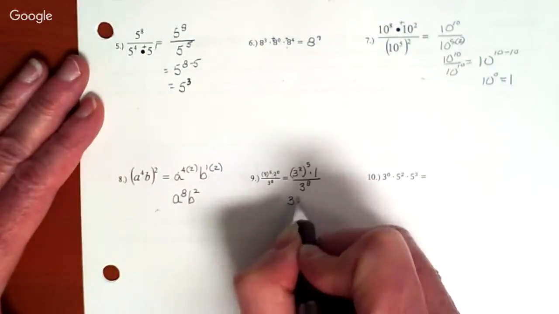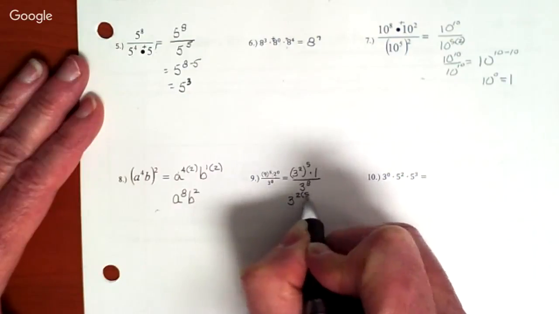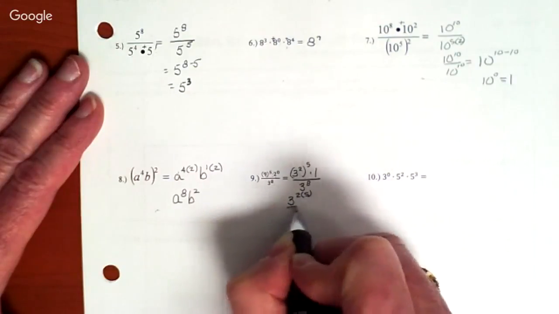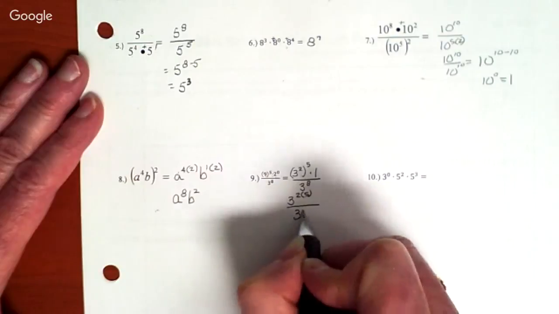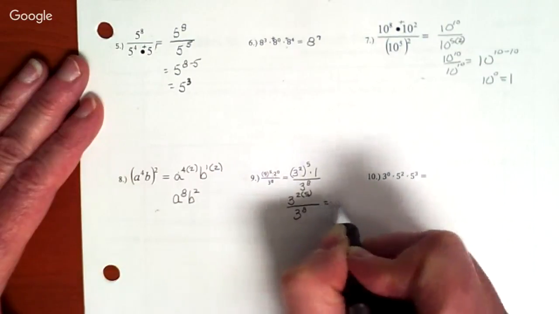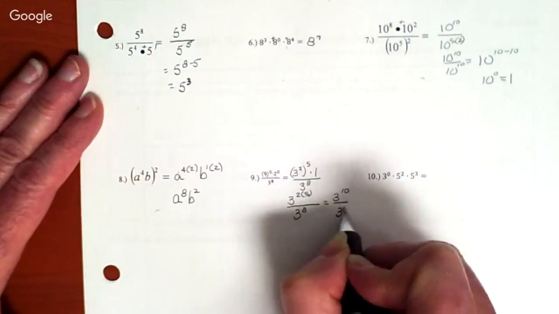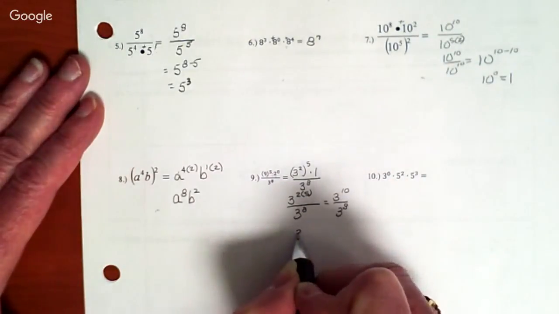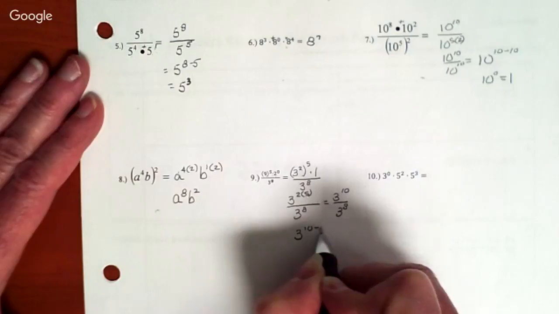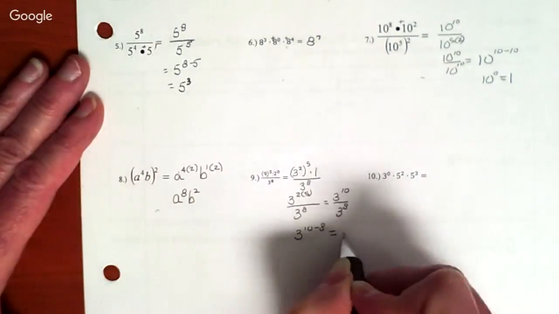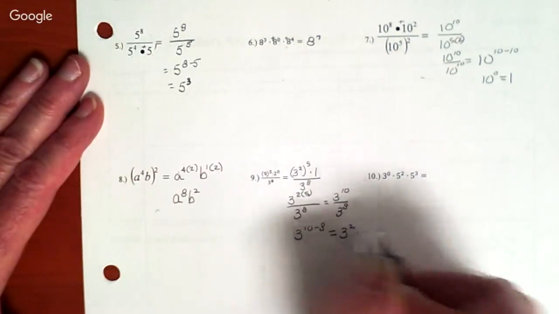So now I have 3 to the 10th over 3 to the 8th. So now I have 3 to the 10 minus 8, which equals 3 squared.